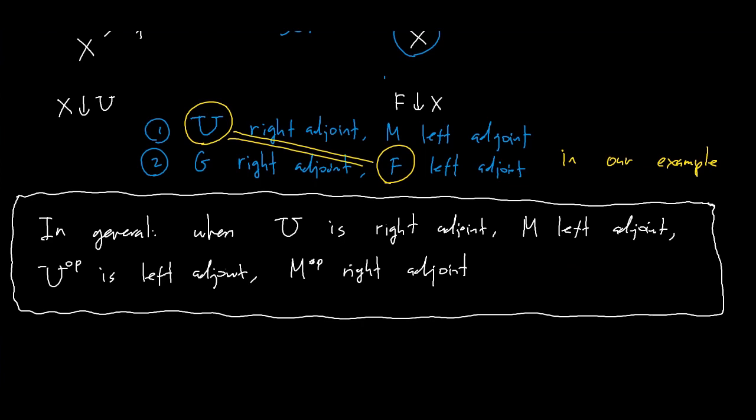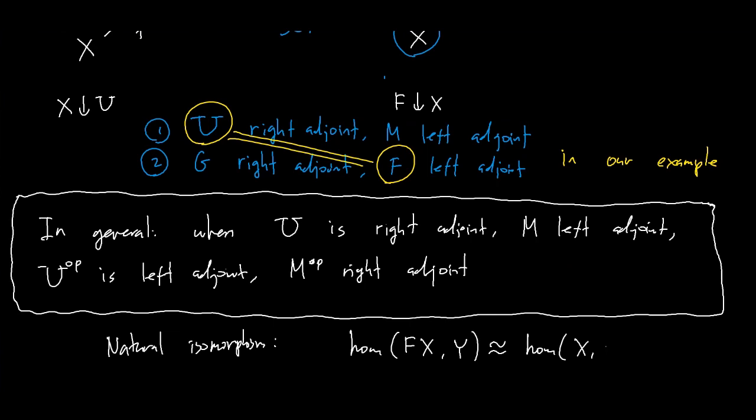And then there is also a symmetric definition of adjunction, which we already pointed out before, which was a natural isomorphism between Hom(FX, Y) and Hom(X, UY).